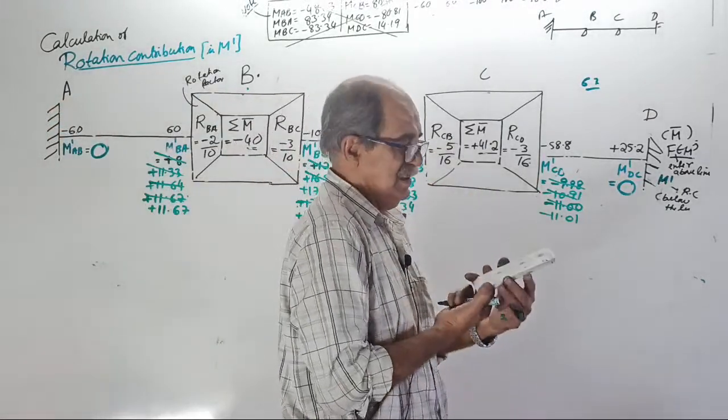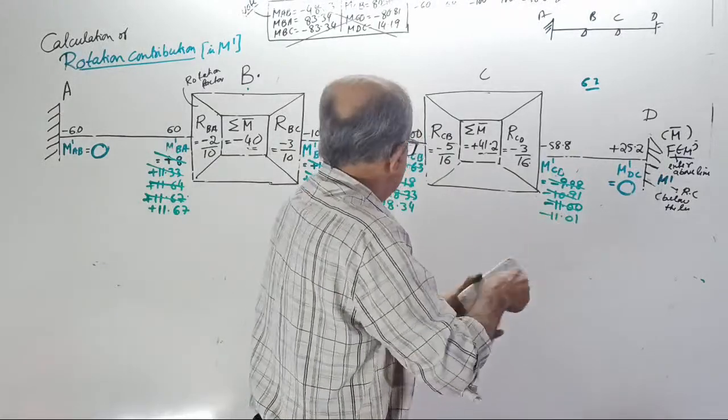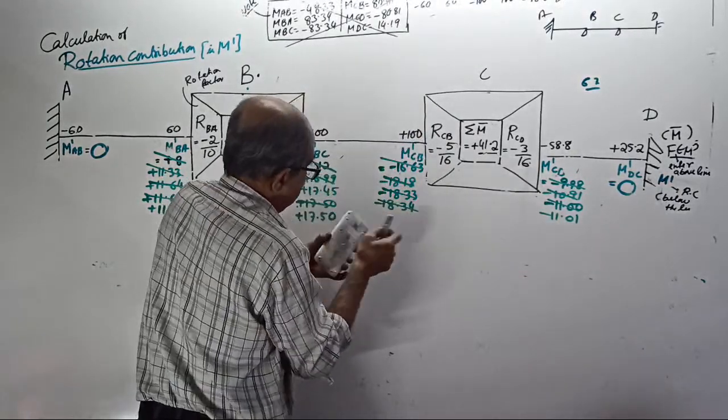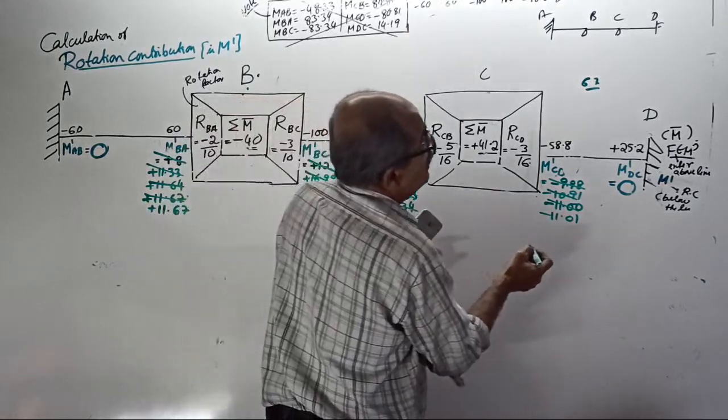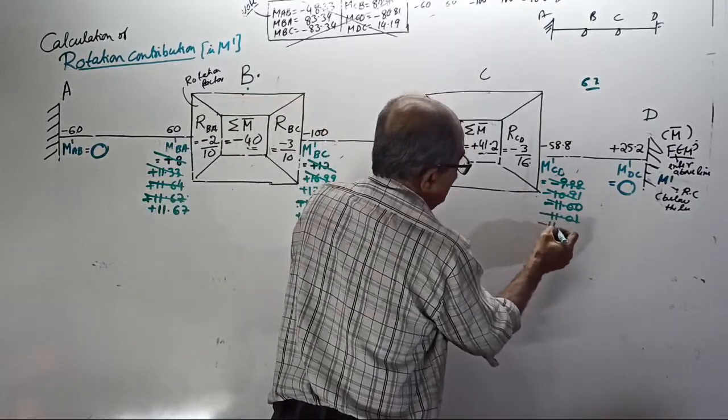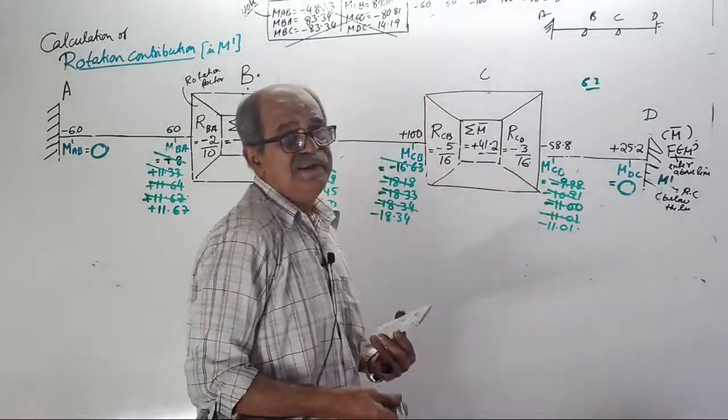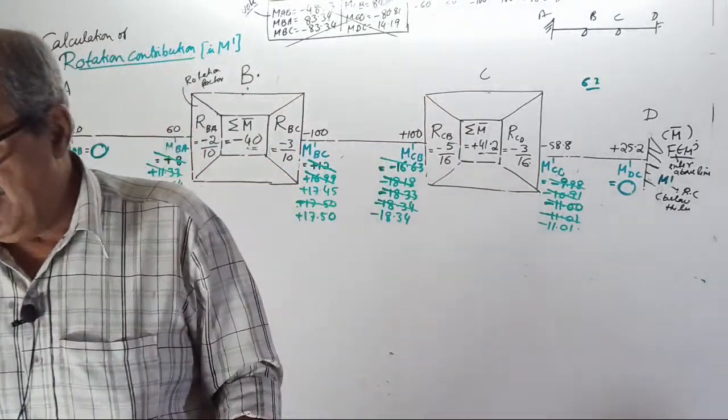See what I am doing. Minus 18.34 cut minus 11.01. Tell me, everywhere values got repeated.